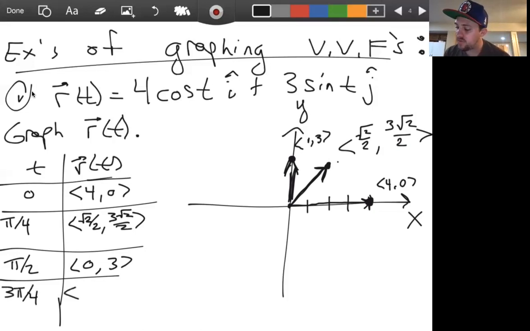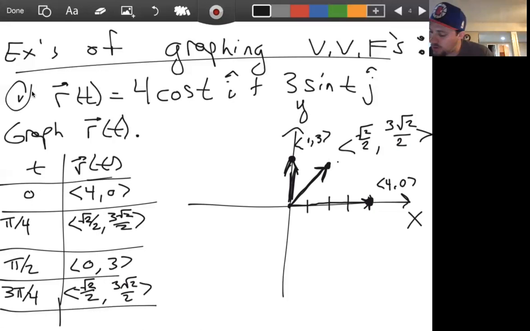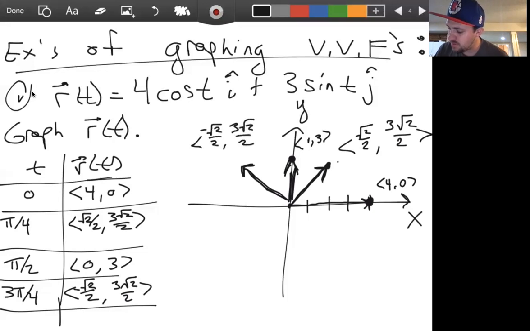It looks like it's going to be negative root 2 over 2... or excuse me, negative 2 root 2, and then 3 root 2 over 2, right? And so at the angle 3 pi over 4, we're at the vector negative 2 root 2, 3 root 2 over 2, right?